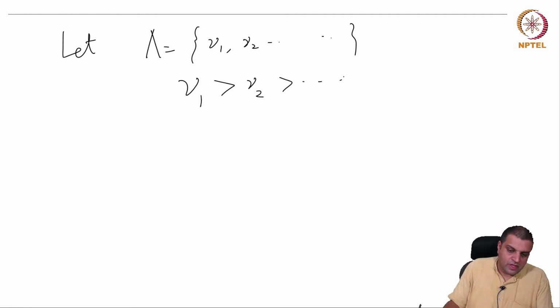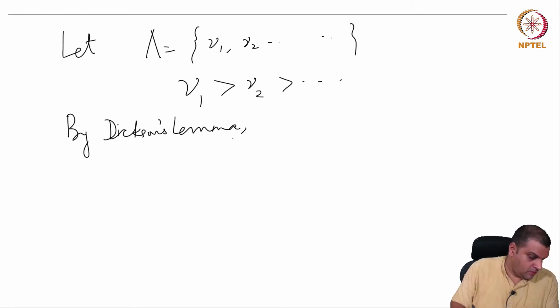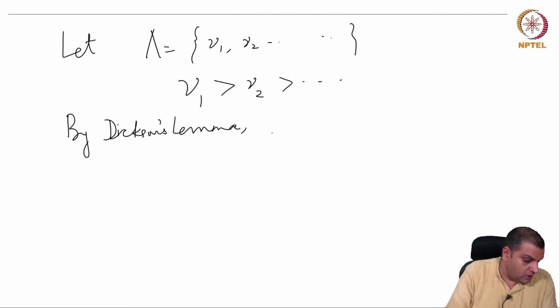Now by Dickson's lemma, this has a finite set of minimal elements. So let's call them i1 through ir.